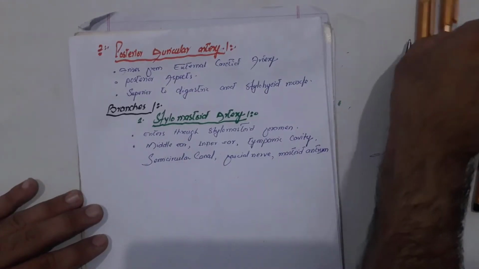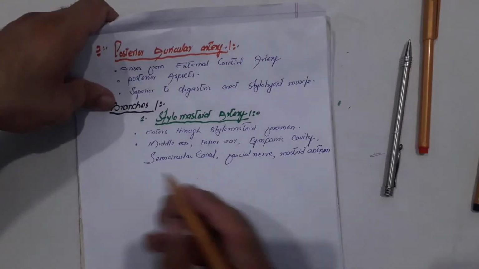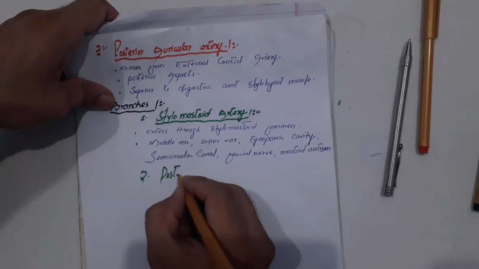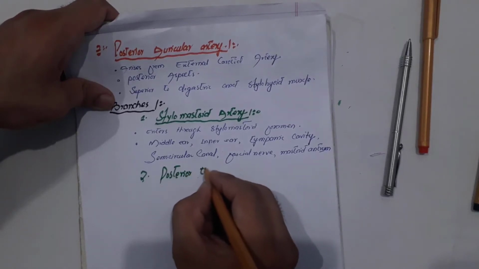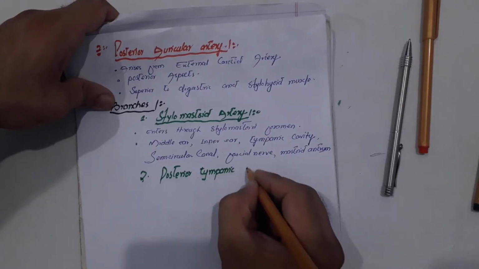The next branch which arises from this posterior auricular artery is the posterior tympanic artery.